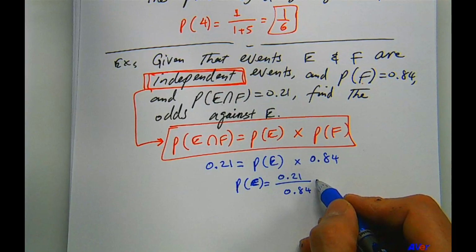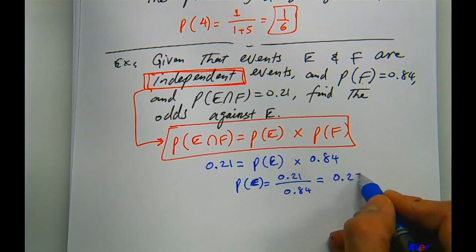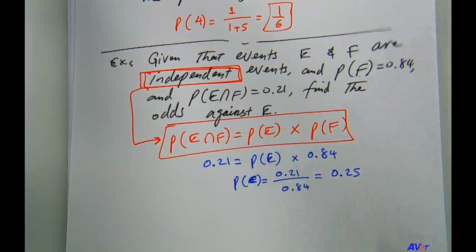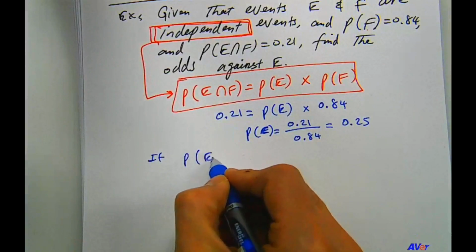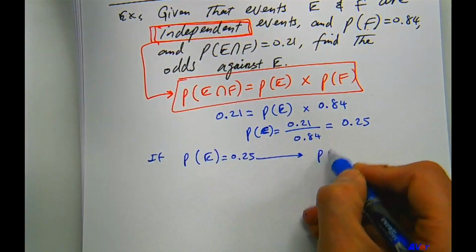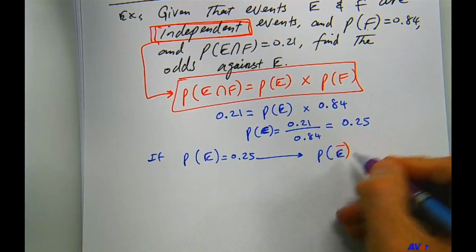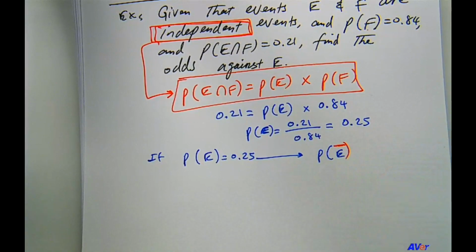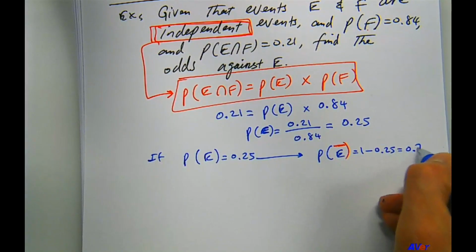So this will give us 0.25, as I found out. Okay. Now quickly, if the probability of E is 0.25, then what is the probability of E bar? By now we know that very quickly, right? It's 1 minus 0.25, or 0.75.